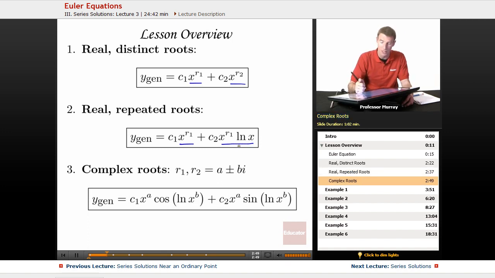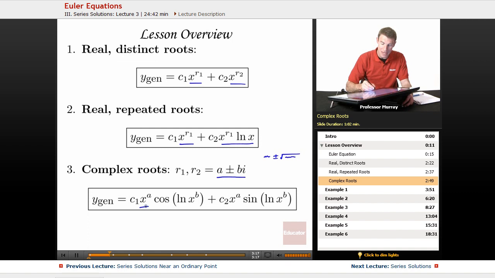And if you have complex roots, then they'll always occur in conjugate pairs, because the quadratic formula is something plus or minus the square root of something, and so if you get a negative number under the square root, then you'll end up getting a conjugate pair, something like a plus or minus bi. It's a little more complicated if you do that, but it's just a formula to remember.